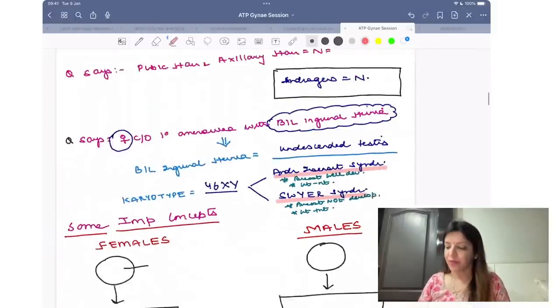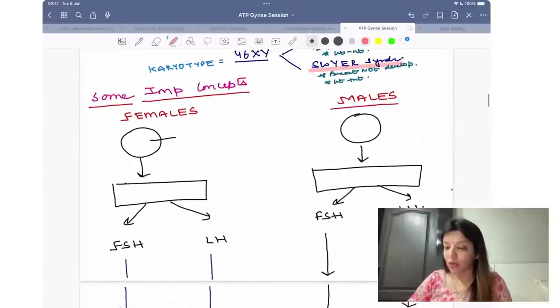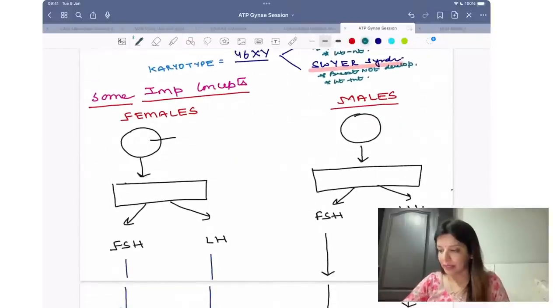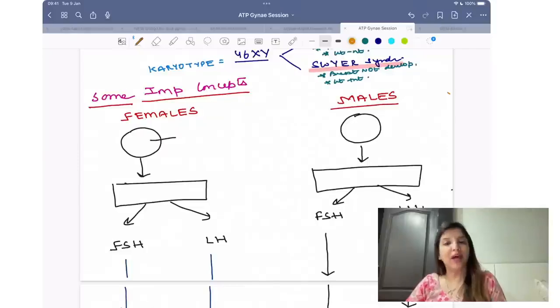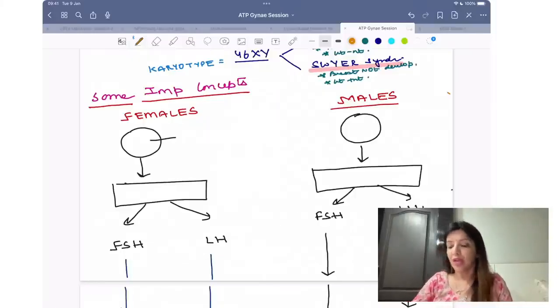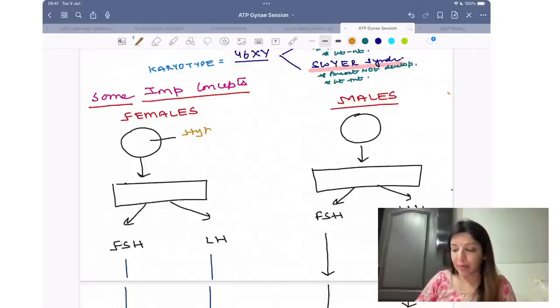Yes? Now, some other concepts, because now what is happening these days, they are asking you questions related to hormones. They will ask you primary amenorrhea, secondary amenorrhea, LH levels, FSH levels. So you have to have a clear understanding of the hormones, and that is why quickly we are going to revise hormones. In females, hypothalamus releases what?